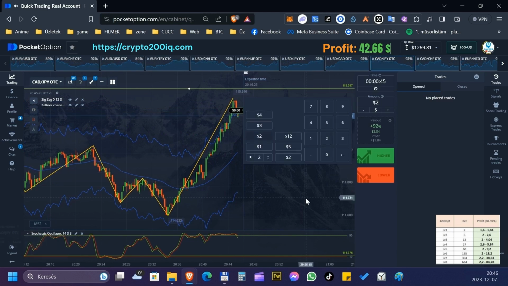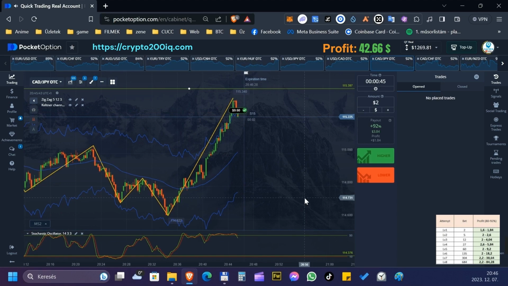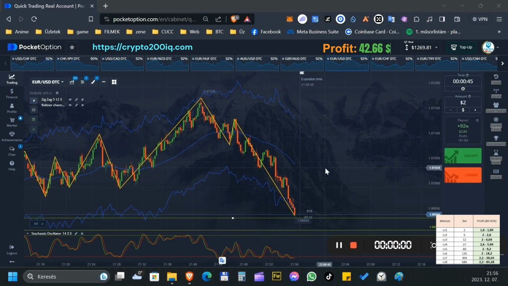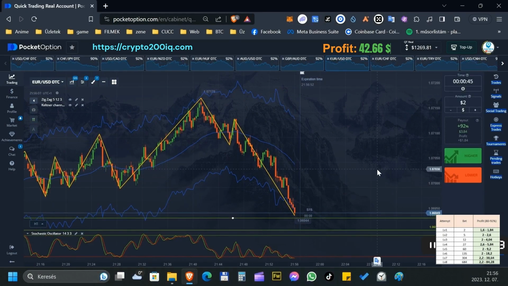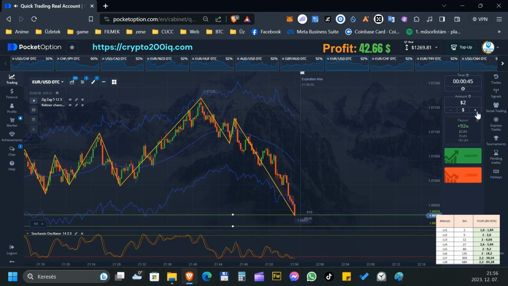And we won. We reset the bet. And here's the next one. There's a larger downward movement, there's a break in it, but it still seems good.